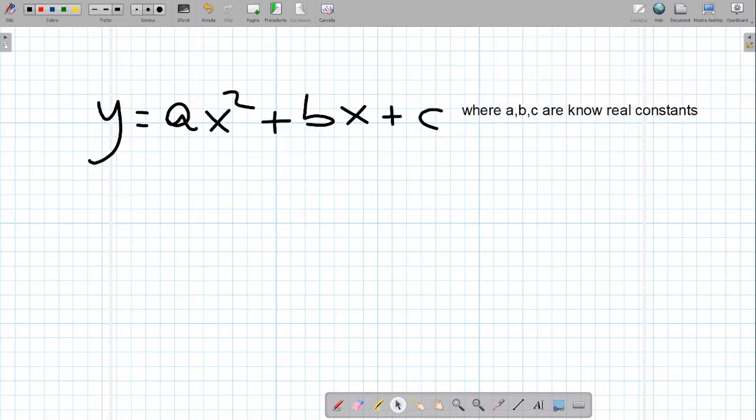And it represents actually a quadratic equation that we have seen also yesterday.